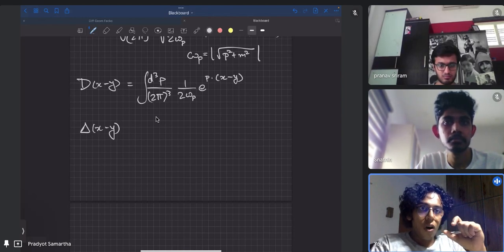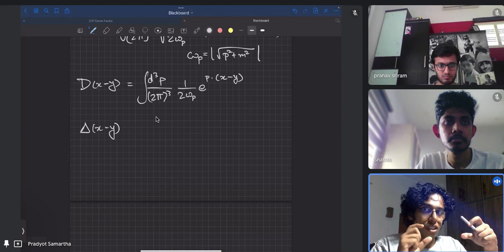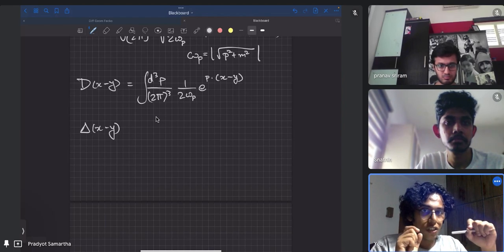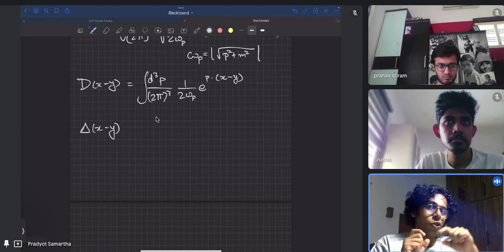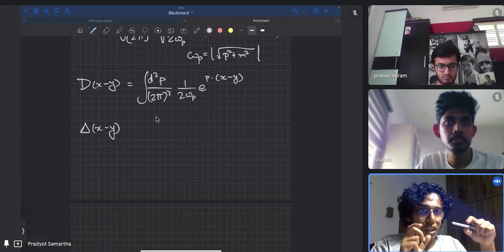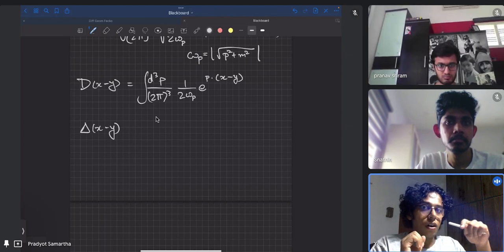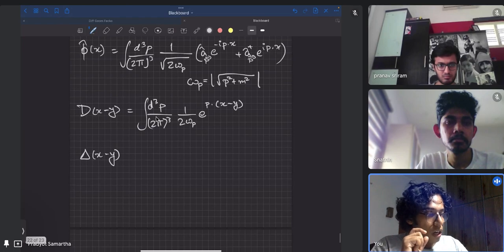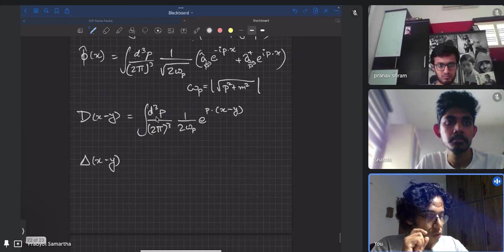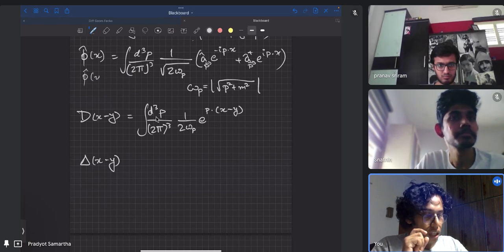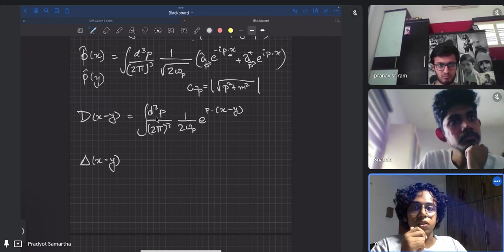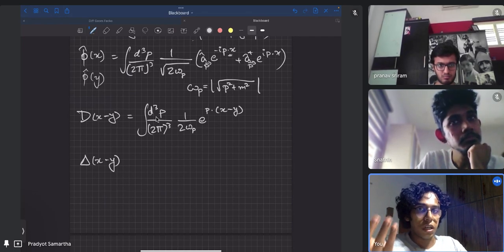If it is not Lorentz invariant, suppose you have some sort of curvature between x and y, then when you multiply with phi of y, the term that you get will be more complex than just a simple x minus y.